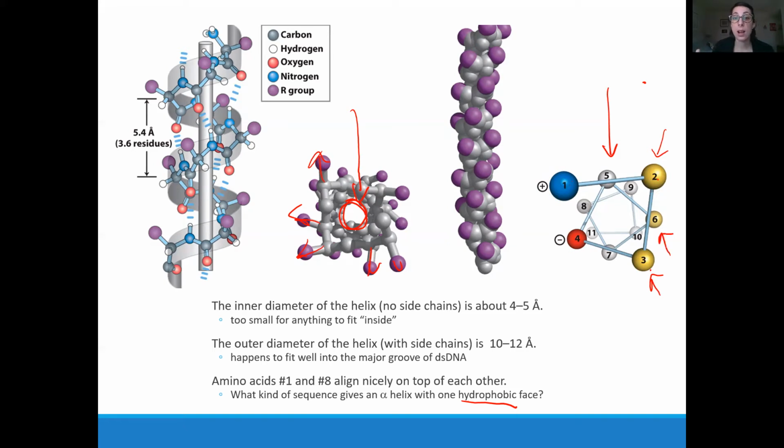If every second, third, and 6th amino acid had a nonpolar R group, then that whole side of the coil, as it kept going, would end up having a hydrophobic face, whereas the other side of the coil would not necessarily be nonpolar.